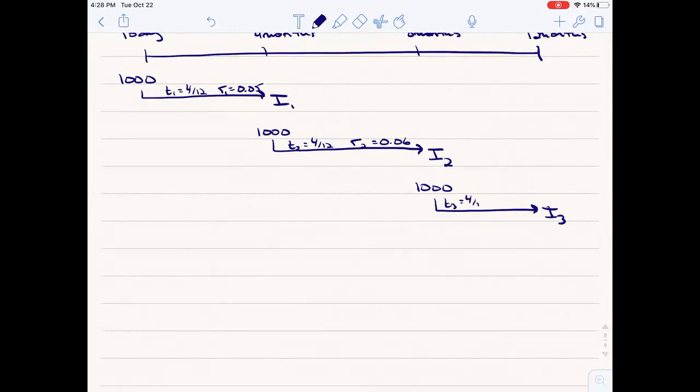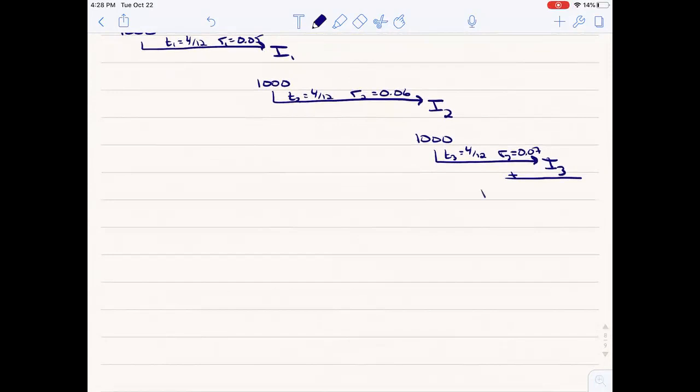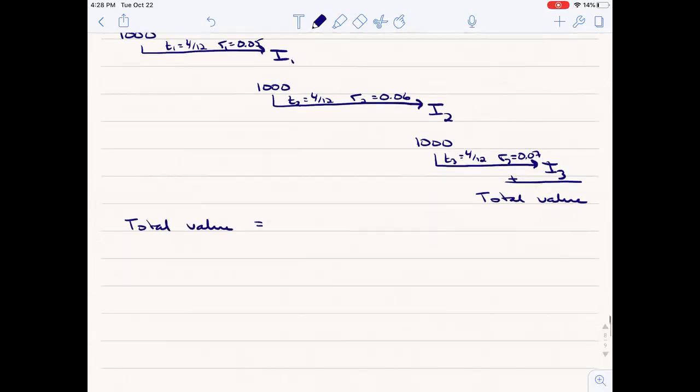T3 is still 4 over 12, but R3 is 0.07, right, increasing by 1% every 4 months. So then the total value is going to be P plus I1 plus I2 plus I3.